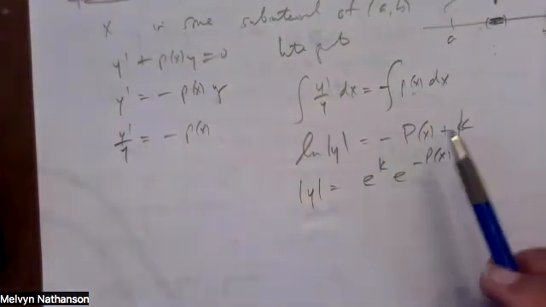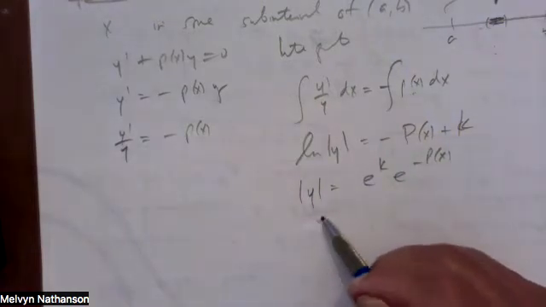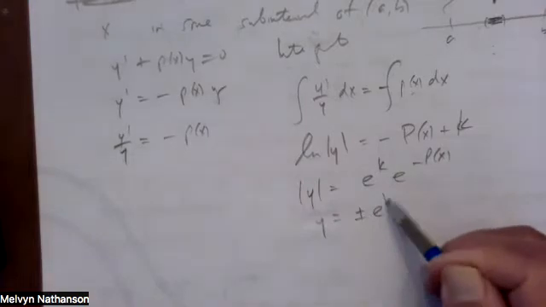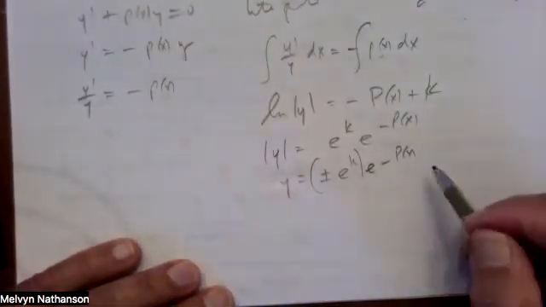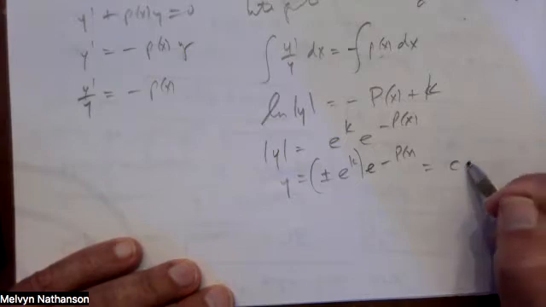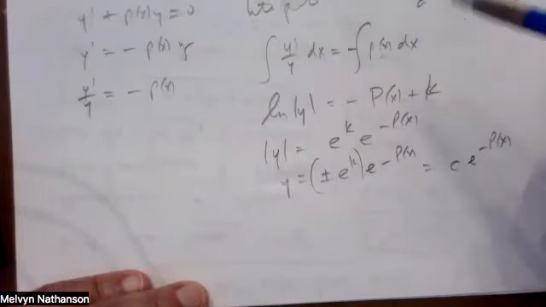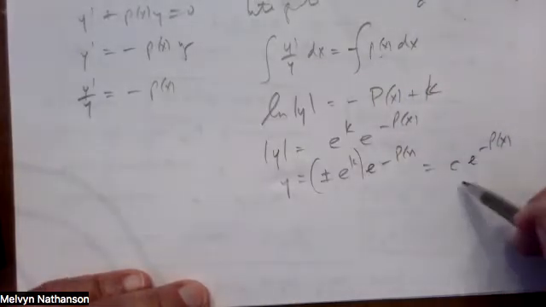And again, on this interval, y is either always positive or always negative. So y is plus or minus e to the k, e to the minus P of x. And I can let plus or minus e to the k be just some constant c, so y is c e to the minus P of x. So what this says is that every non-zero solution of this differential equation is of the form c e to the minus P of x, at least on some interval from a to b.